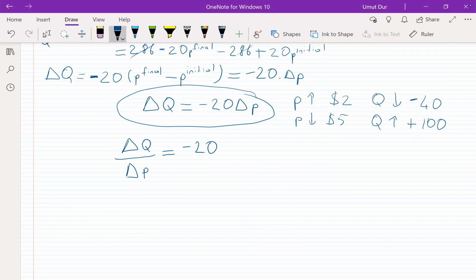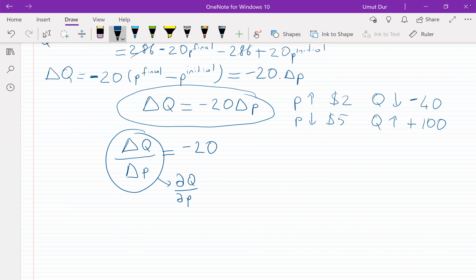So this is just another way to represent the effect of the change in the price. In fact, if you remember your calculus knowledge, this is actually the derivative of quantity with respect to price.